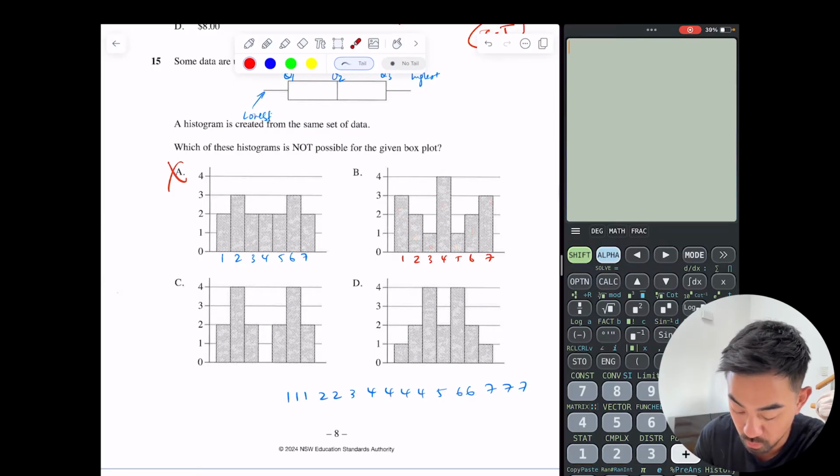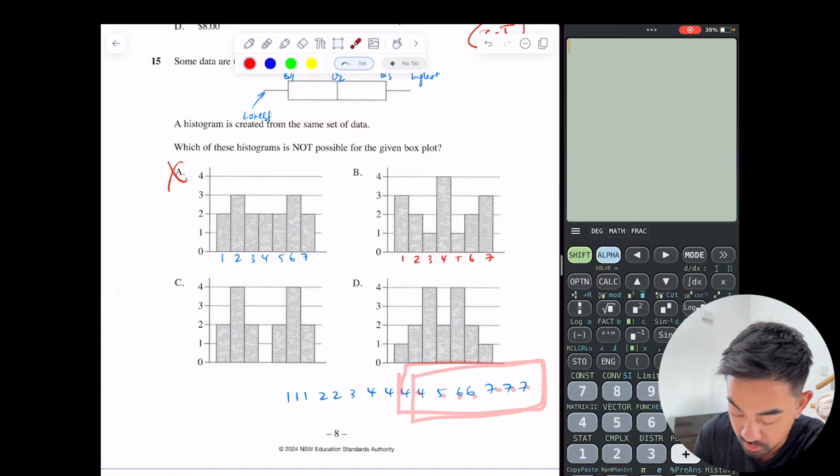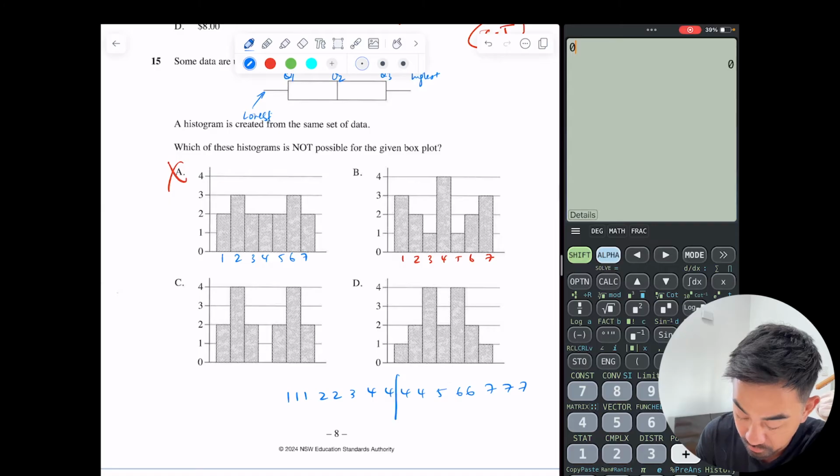Alright, sweet. So here, I think is 1, 2, 3, 4, 5, 6. No, I've done it again. It's here. This is the median here. Yeah. So this is Q2.